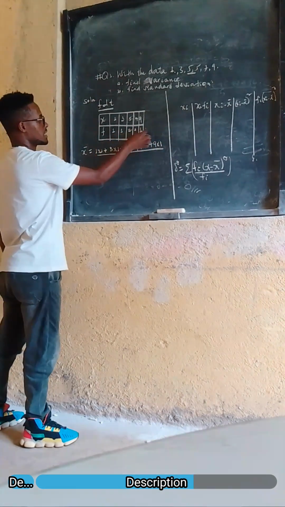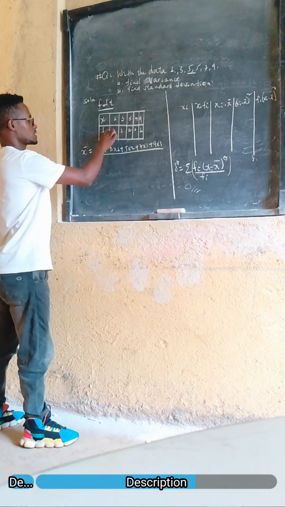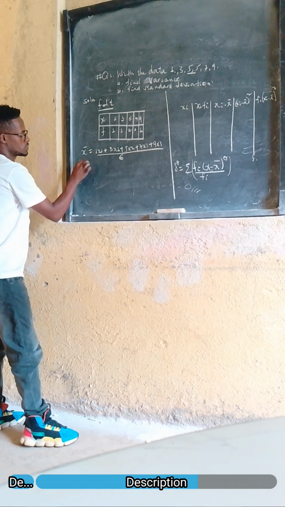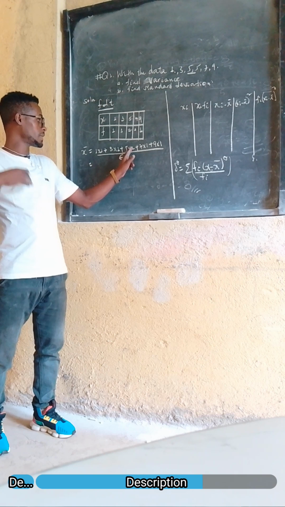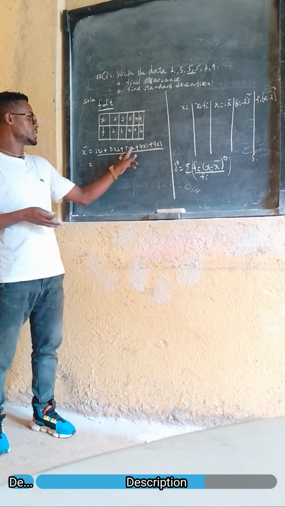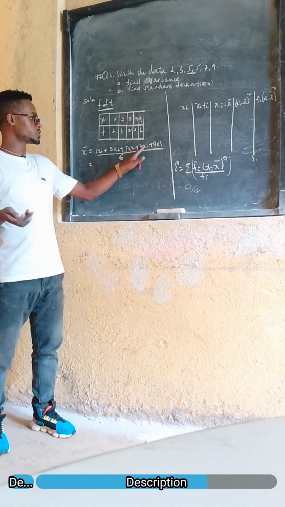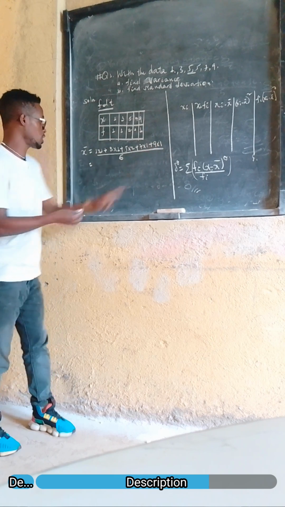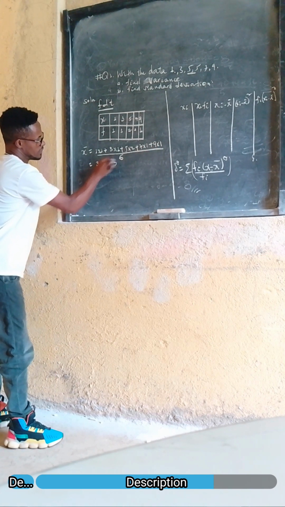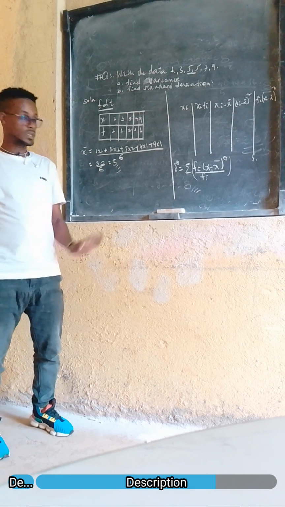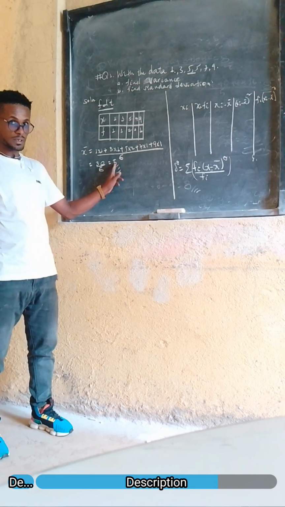How many data are there? 2, 4, 6. 6. So 1 plus 3 is 4, plus 10 is 14, plus 7 is 21, plus 9 is 30. 30 over 6, which is 5, okay? 5 is our x bar.